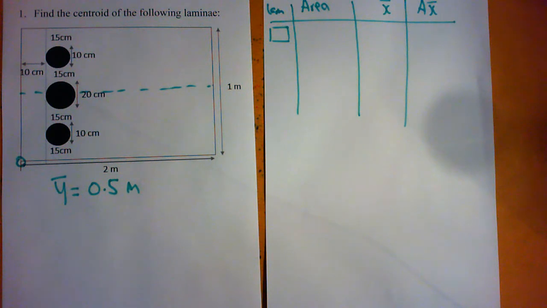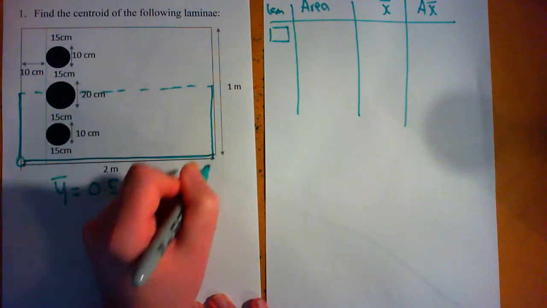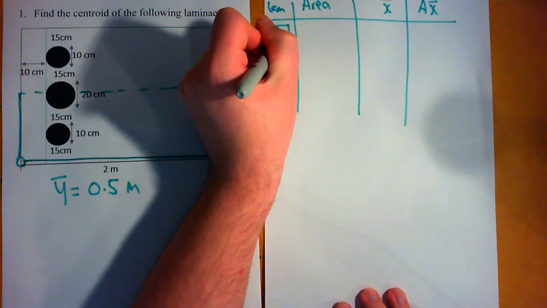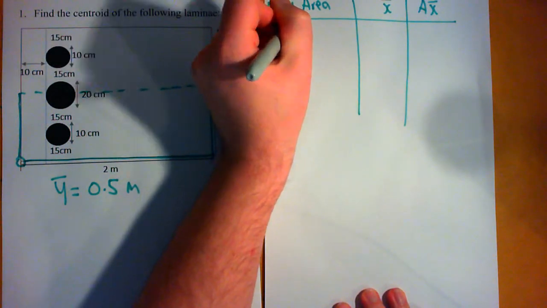And because our origin is in the bottom left corner, we will work only with the bottom half of the diagram. So we'll only find the centroid in the x direction of this half of the shape that we've got here.